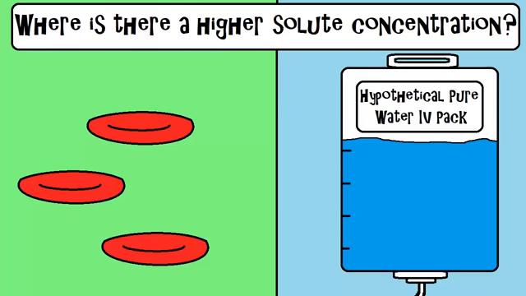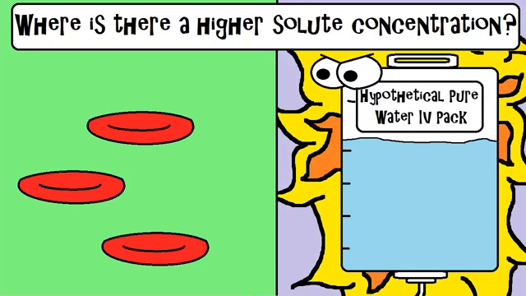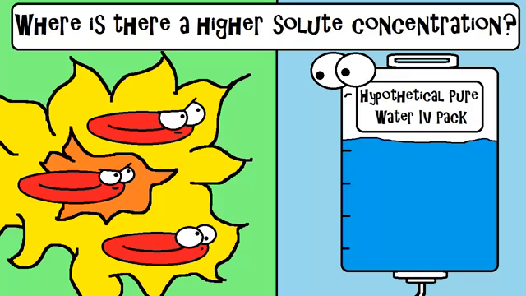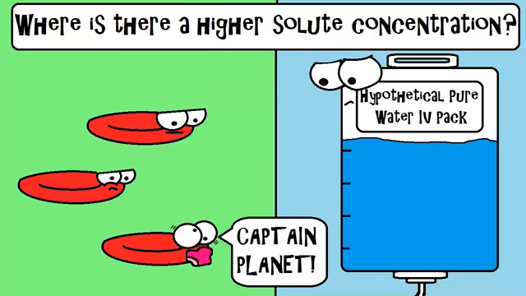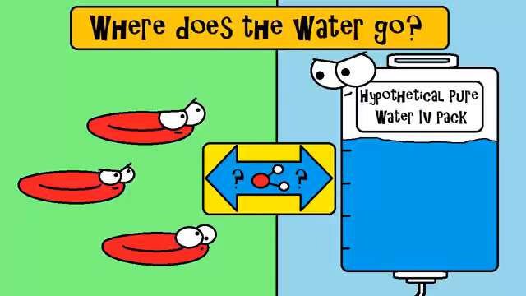So what do you think has a greater solute concentration? The hypothetical pure water in the IV tube or in the red blood cells? Remember, cells are not empty vessels. They do contain solutes. The pure water that hypothetically is running through this IV tube has no solutes. It's just pure water. So where does the water go?